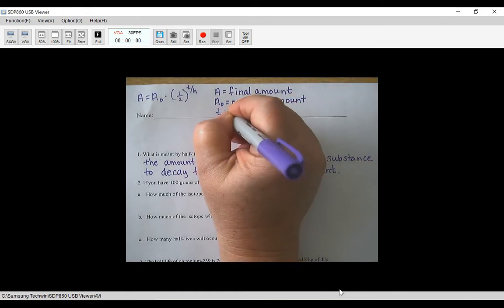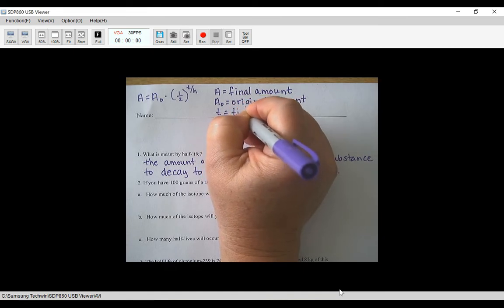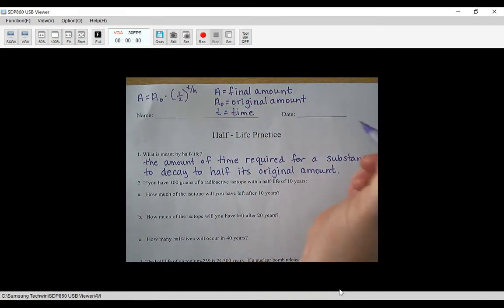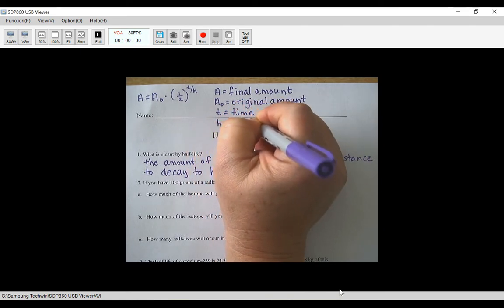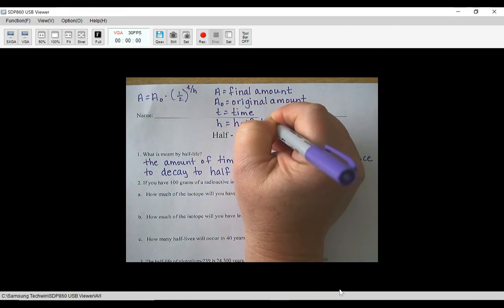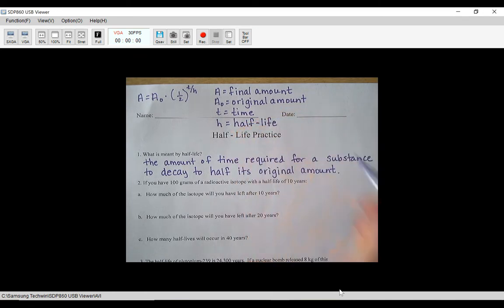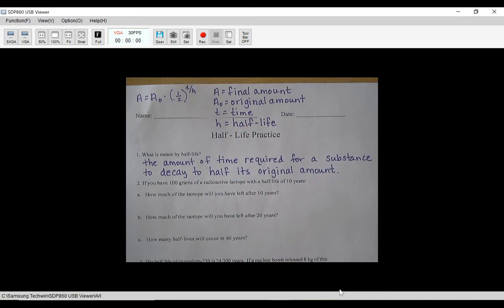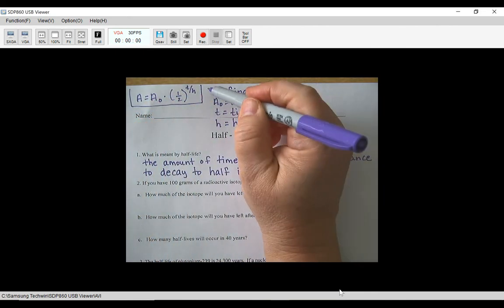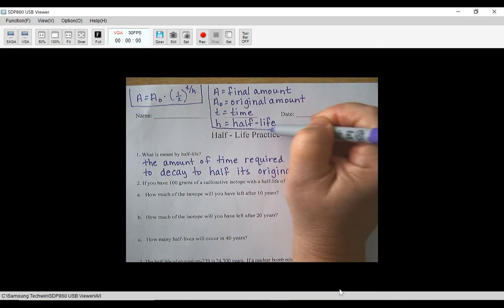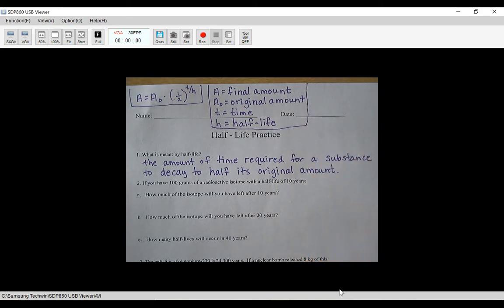T is the amount of time that has passed. And H is the half-life of this particular substance. Half-life is often written with a hyphen between it. All right, so this is the formula that you can sometimes use, and these are what the variables represent.